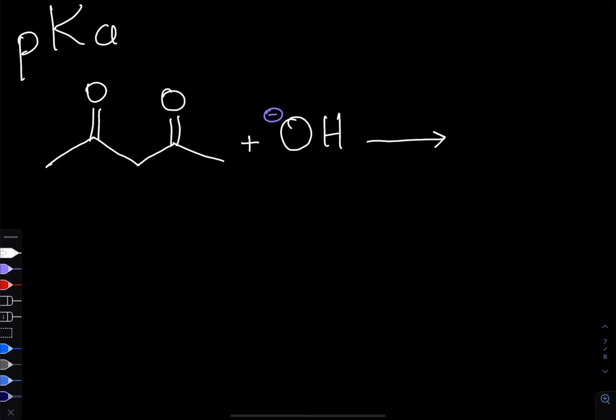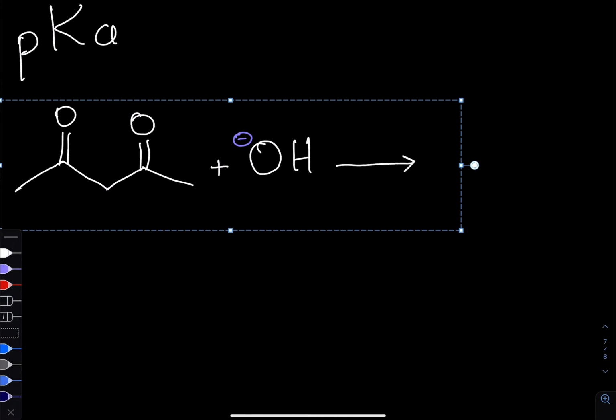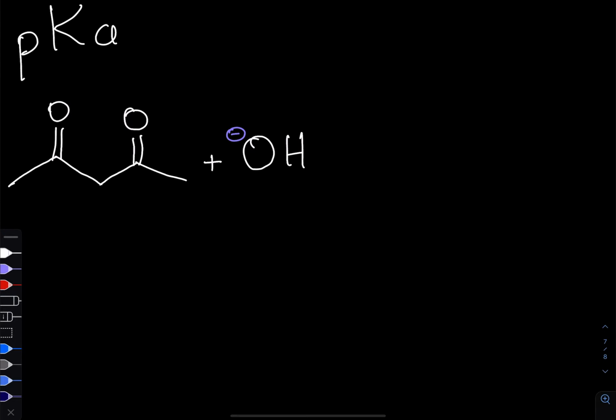What would be the outcome of this reaction? Would these two react, or would they not react, is the question. So to determine that, it's best to conceptualize this as an equilibrium process. So as opposed to drawing a straight arrow, which I did, you can draw an equilibrium arrow.